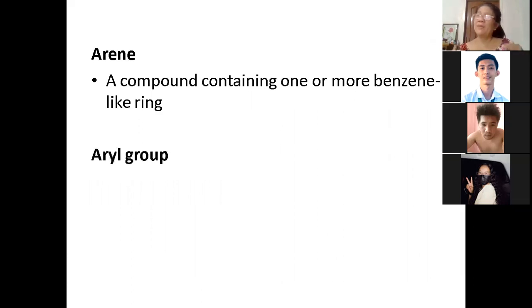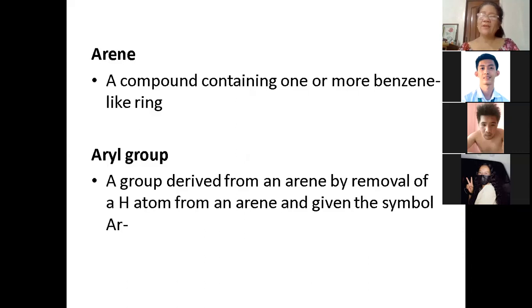They could be used as a substituent or as a side group in the form of an aryl group. An aryl group is derived from benzene, which is attached to a long chain of hydrocarbon. It has a symbol of Ar. You will find out later what the structure of this is.